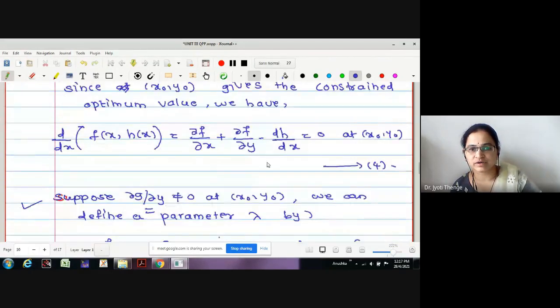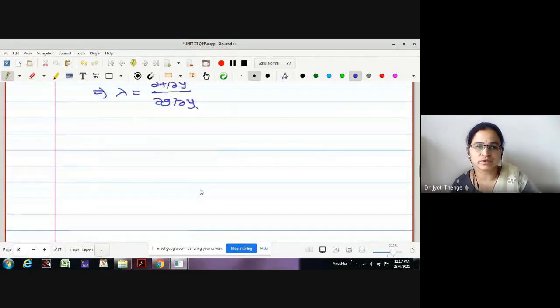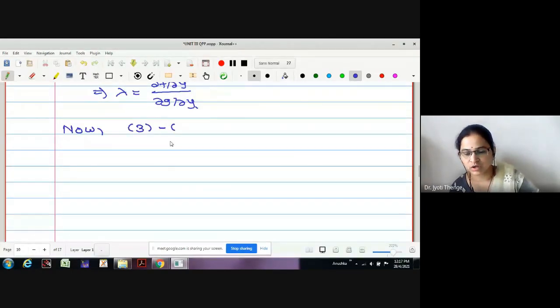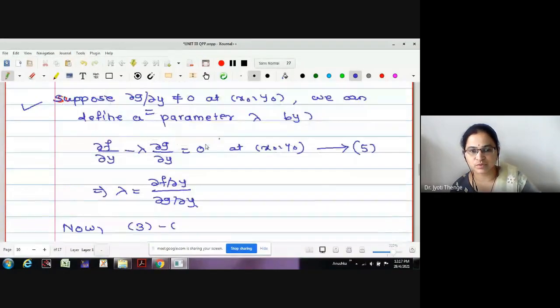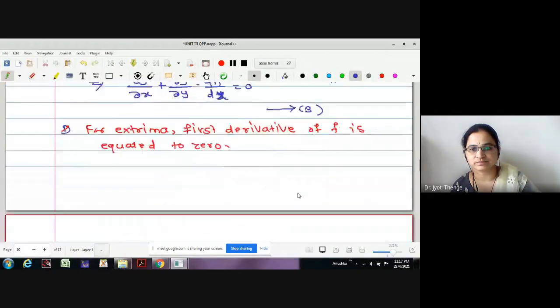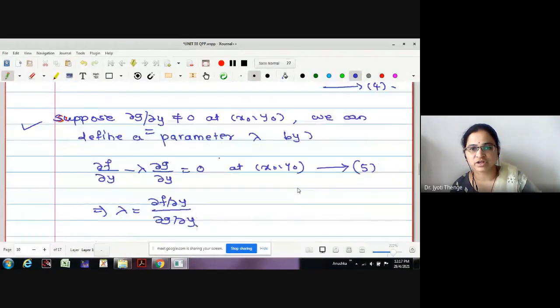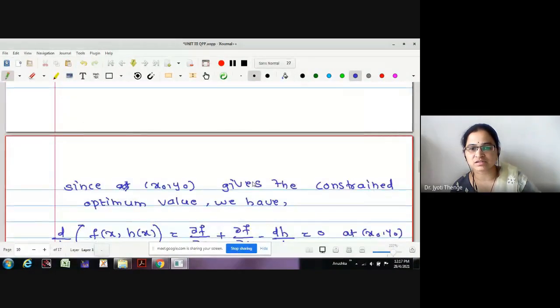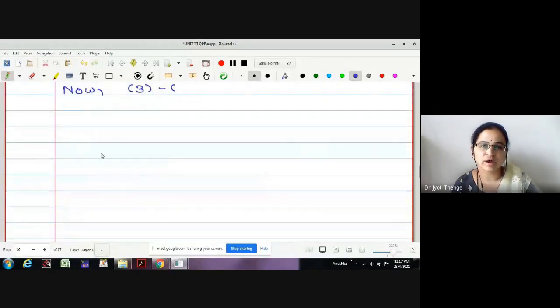Can I write 4 minus 3 into lambda? Oh, sorry, it is 4 minus 3 into lambda.